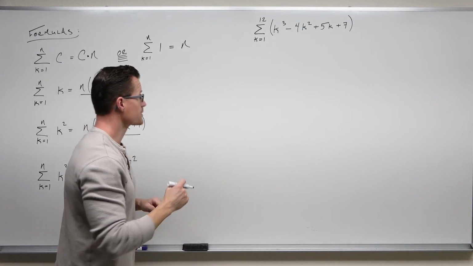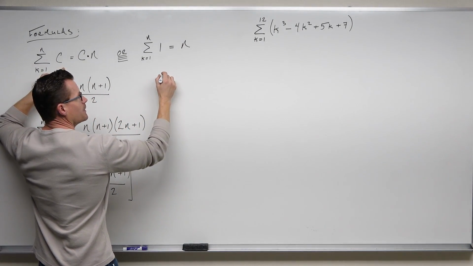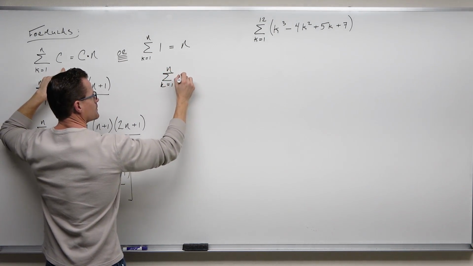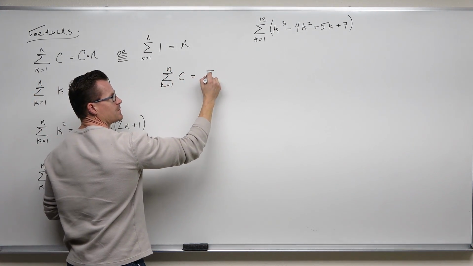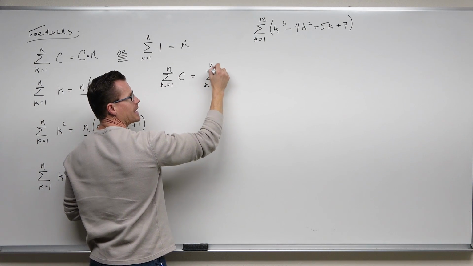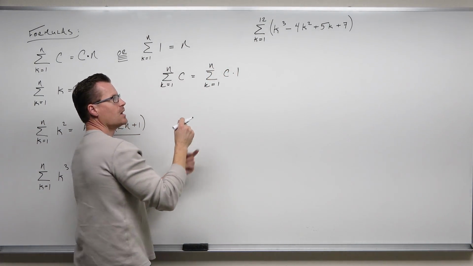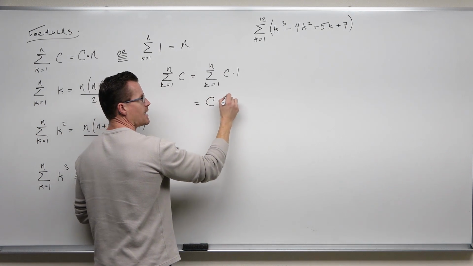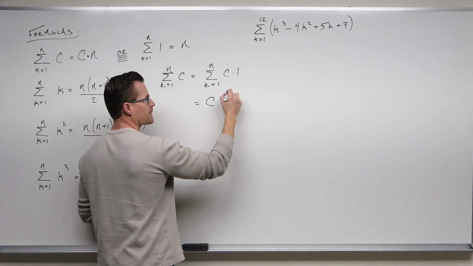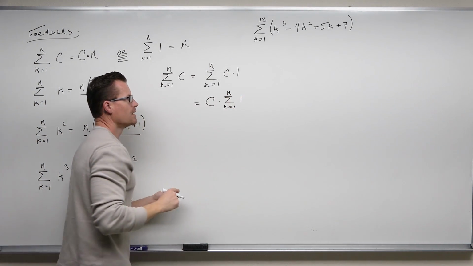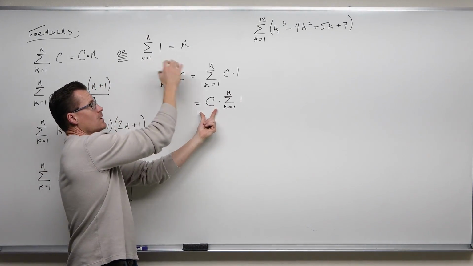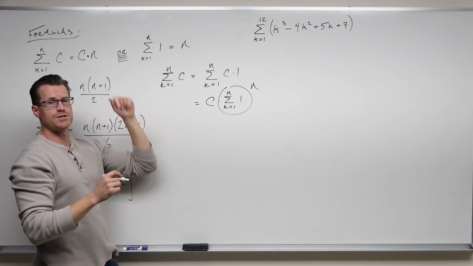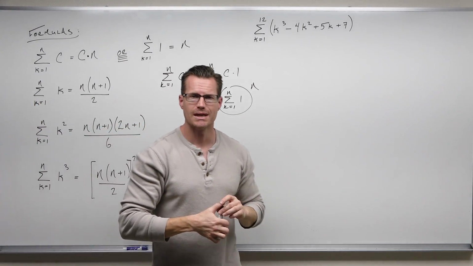So you could say, this is the same thing as the sum from k equals 1 to n of c times 1. Because c is a constant, I could make this c times the series from 1 to n of 1. This would be c times, we already know that this piece is n, c times n, that proves that to you. So we do get that out of it.